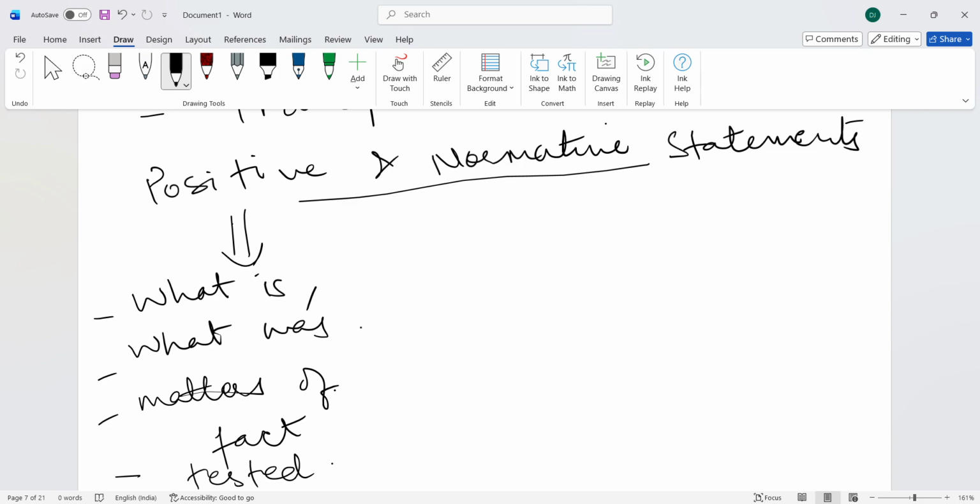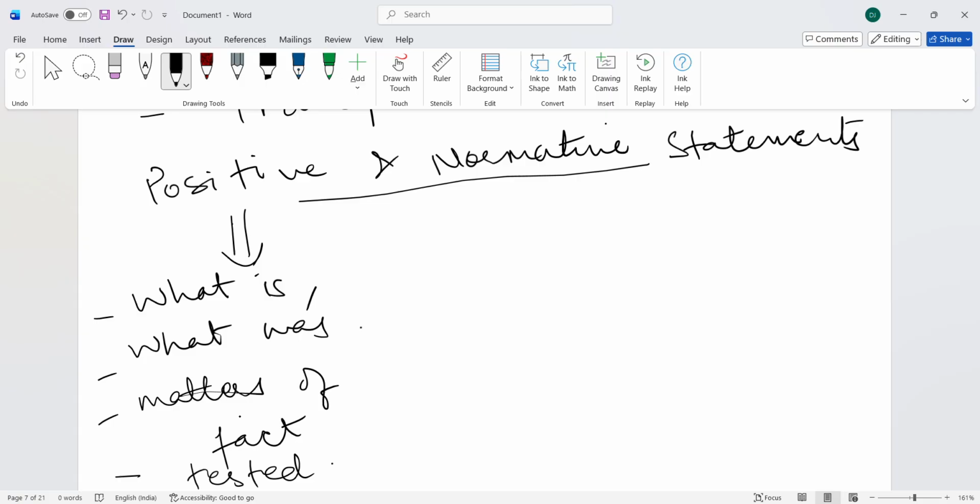All right. So I'll give you an example. Let's say I say higher interest rates cause people to save more. Now, this is a positive statement. I can actually test this statement, and it is a tested and verified statement. And even if it's not, I can test it.